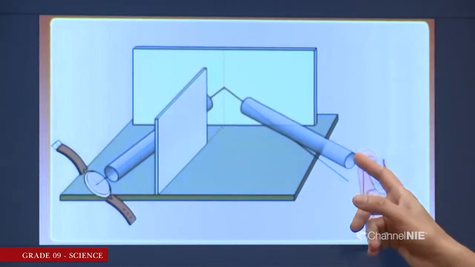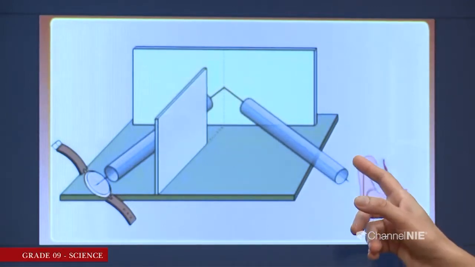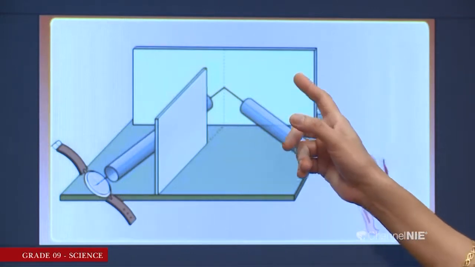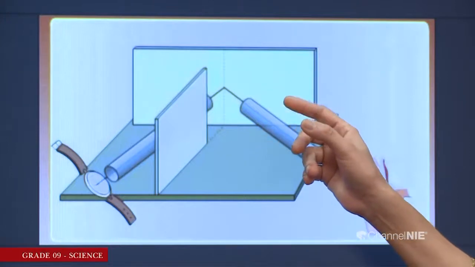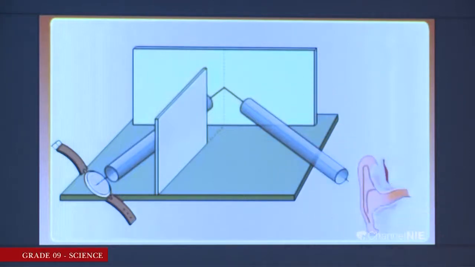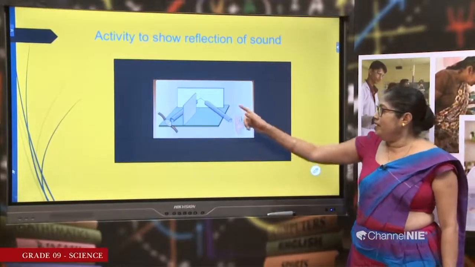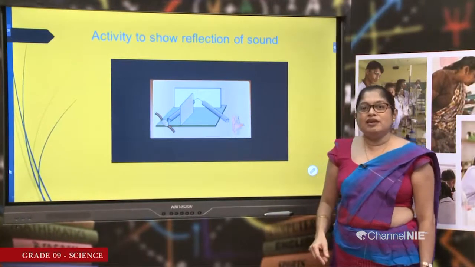You have to change the position of the tube until you get a clear sound. After that, you have to remove this metal sheet and see whether you can hear the sound again. Can you hear the ticking sound when the metal sheet is removed? Exactly, no. These are the observations of the video you watched just now.